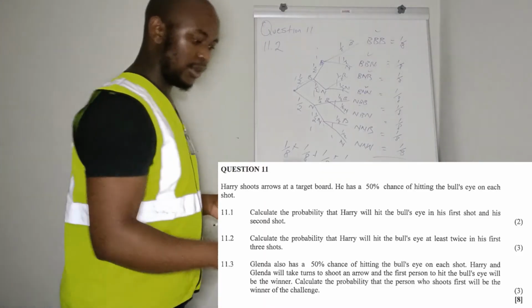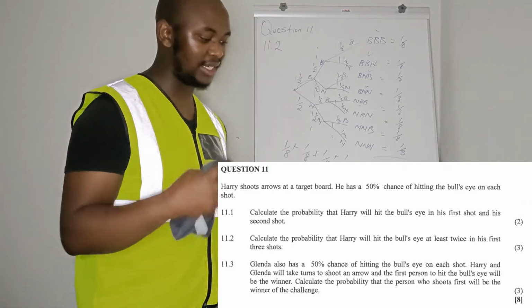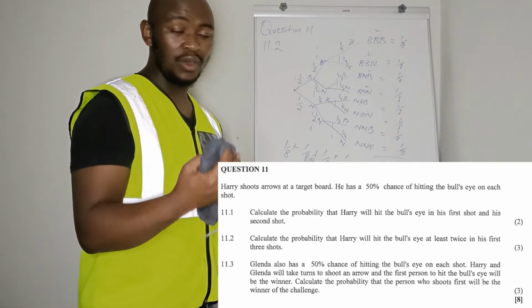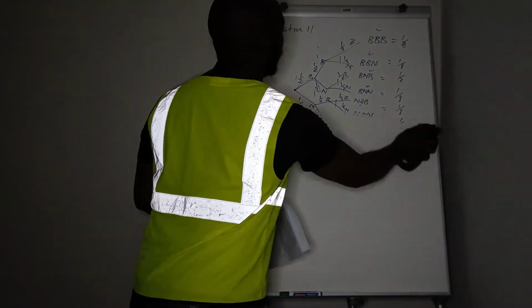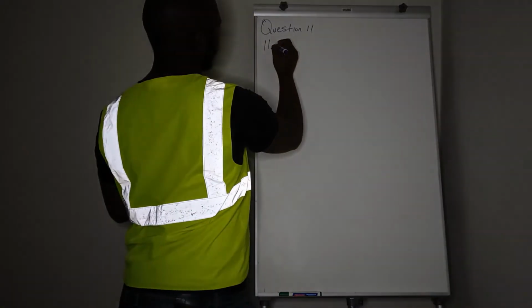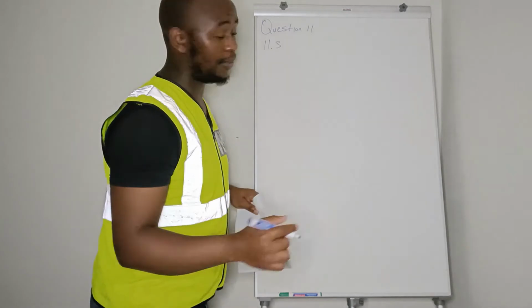Alright, so this is going to be too many options, but we're going to try and establish a pattern or something that might lead us to the answer. So let's say Glenda. Let's choose Glenda now.